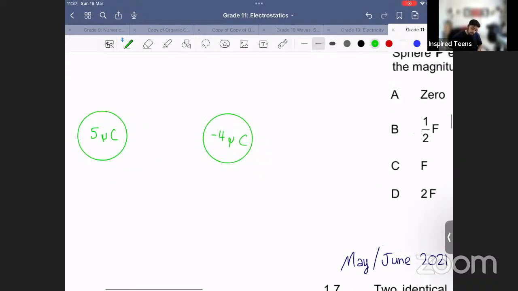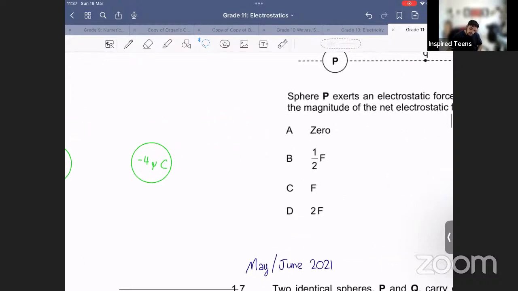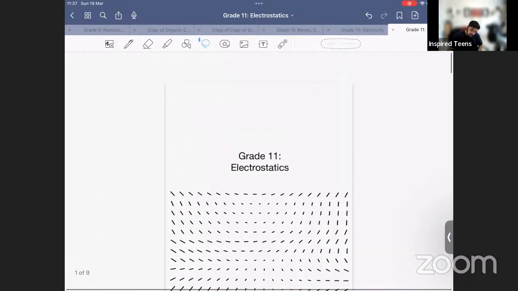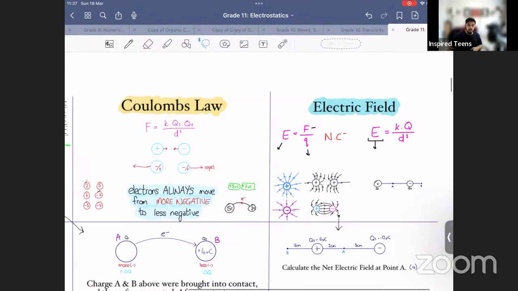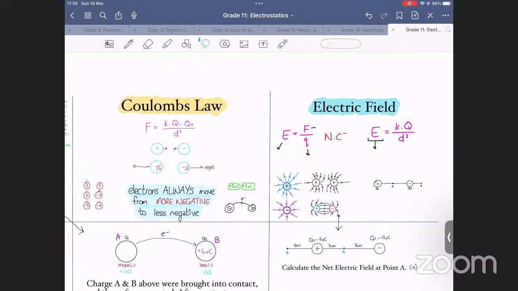Now, when we discuss Coulomb's law, we normally compare it with electric field because we have two of them. It is important to understand the difference because oftentimes people confuse the two and they don't even realize that there's two very similar formulas in the section. One being that of Coulomb's law and the other being that of electric field.